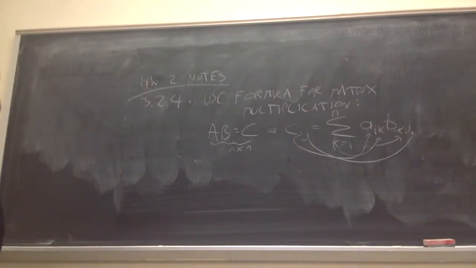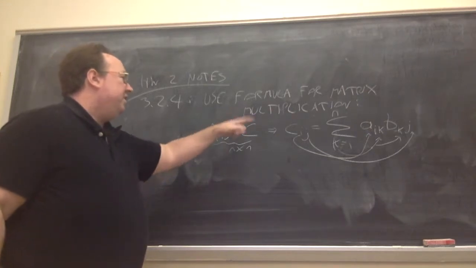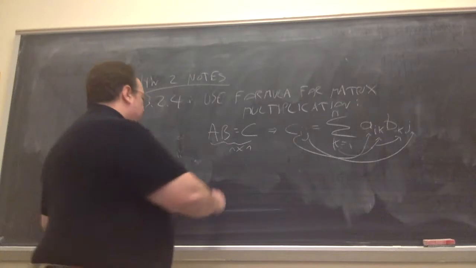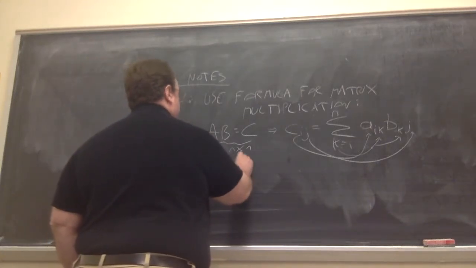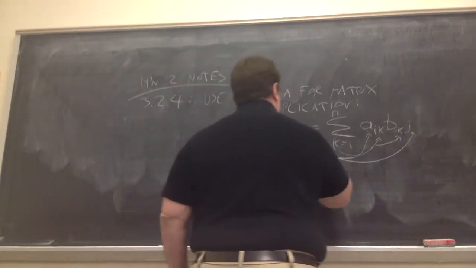So suppose, for instance, A and B are both upper triangular, but you want to show that C is upper triangular, and keep in mind, what you'll need to use is the definitions of triangularity.